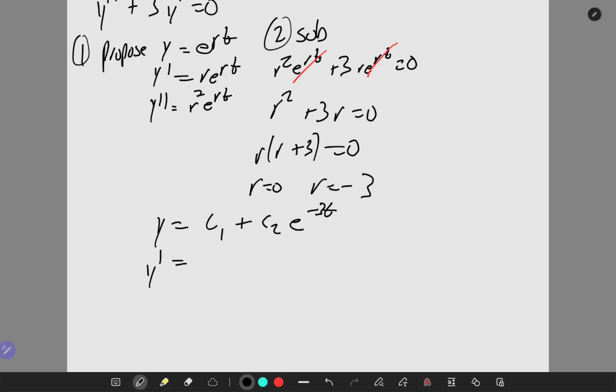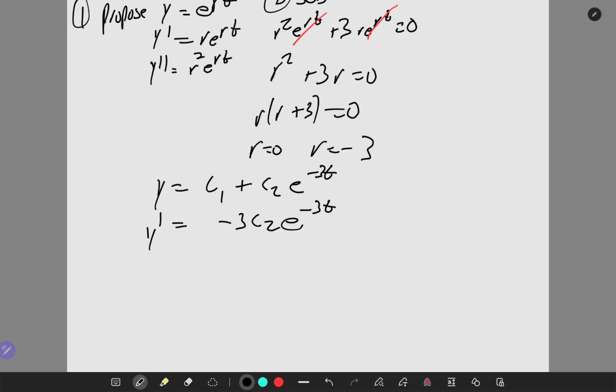So this will be 0 minus 3 C2 e to the negative 3t. Right, so now I'll just get rid of that 0.